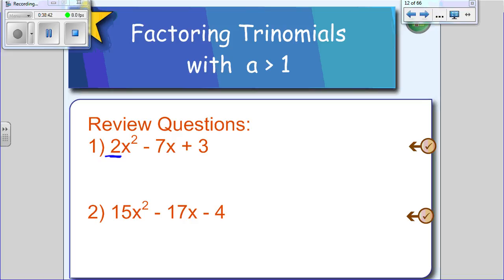Numbers that multiply to be 6 and add to be negative 7. It's 6 on the top this time because A times C, 2 times 3, is 6. The sides of the diamond, things that multiply to be 6 and add to be negative 7. If you're multiplying to be a positive number, but adding to be a negative number, I must have 2 negative numbers.